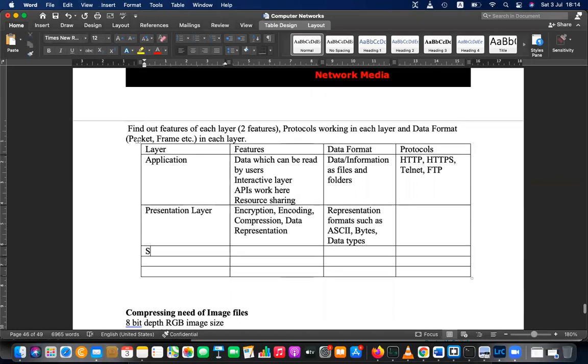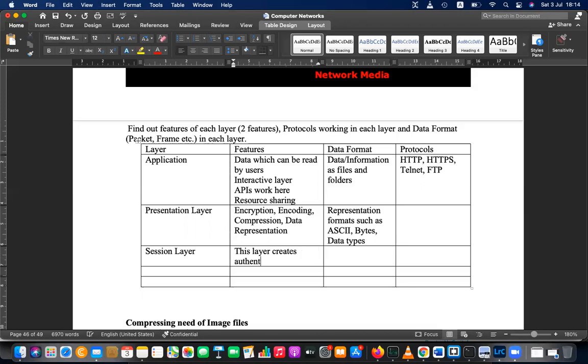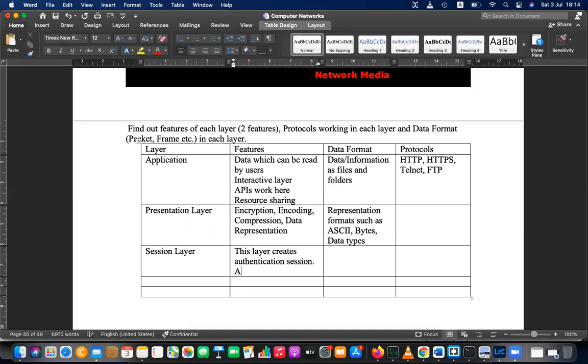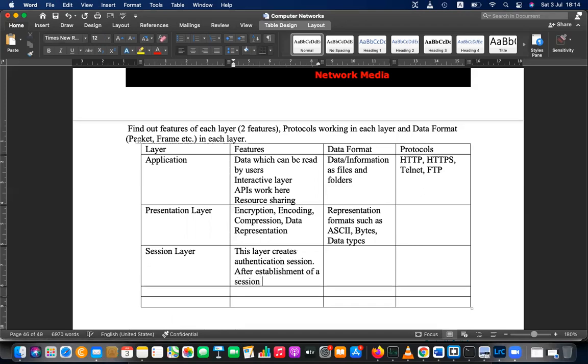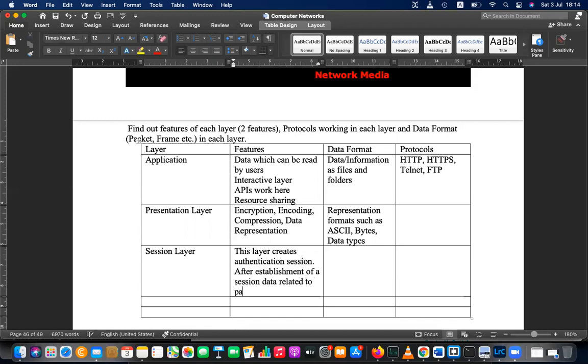Session layer. This layer creates an authenticated session. After the establishment of a session, data related to that particular session is exchanged.